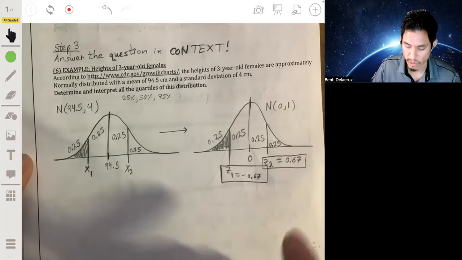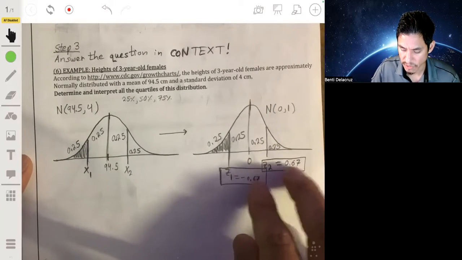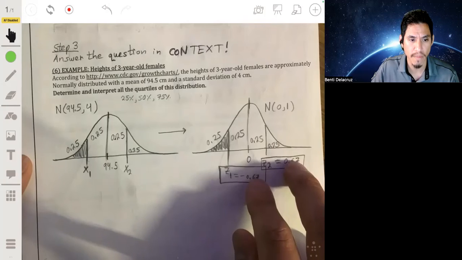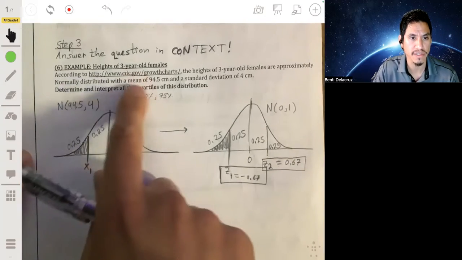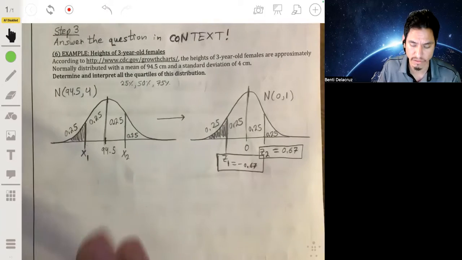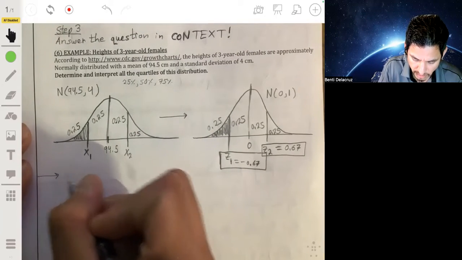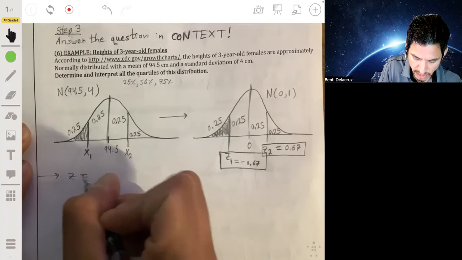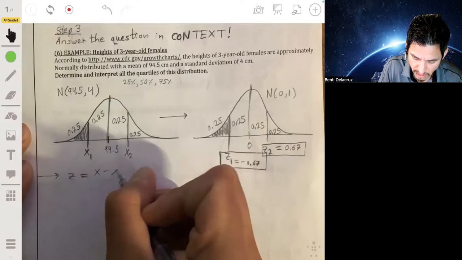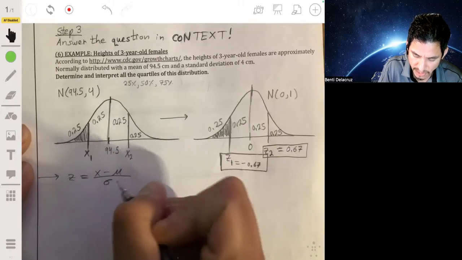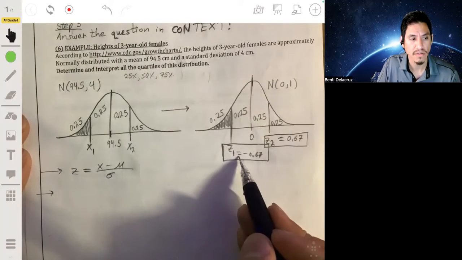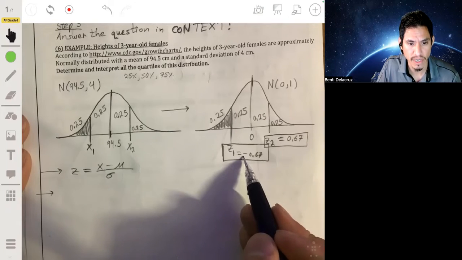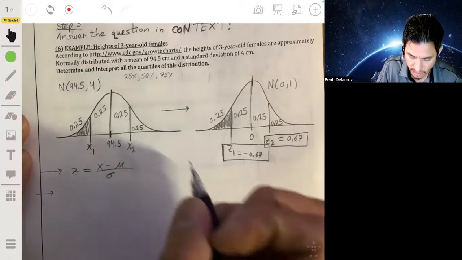Now, what we do with these is we transform them into X values in this distribution. So we kind of go backwards from before. Remember, our Z-score equation is X minus the mean over the standard deviation. But in this case, we have our Z1 and Z2 values.